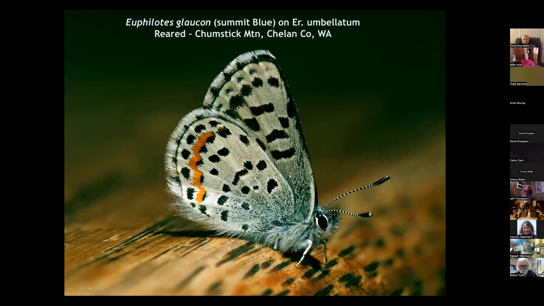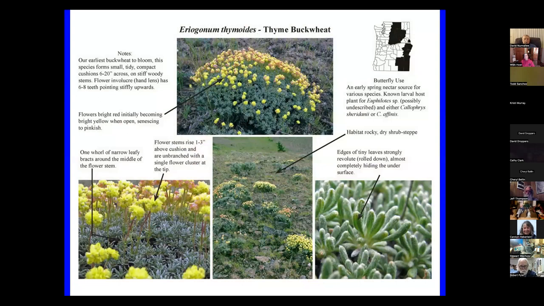Other people would disagree and think that glaucon is not only a real species, which we know it is in Oregon, but if it's associated with the umbellatum or sulfur flower, it's probably going to be glaucon. So I'm not going to try to take sides on that. I find it very difficult to tell these apart from the heracleoides feeders myself. Eriogonum thymoides is the next buckwheat on our list.